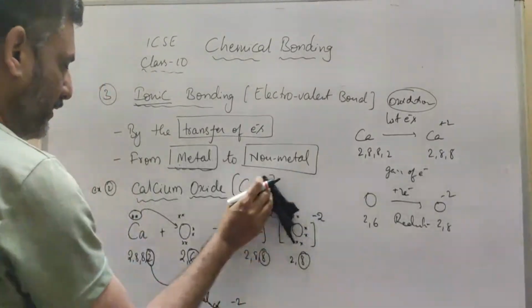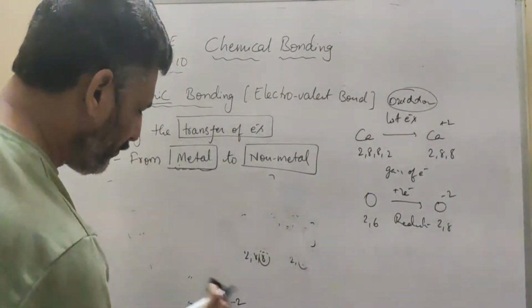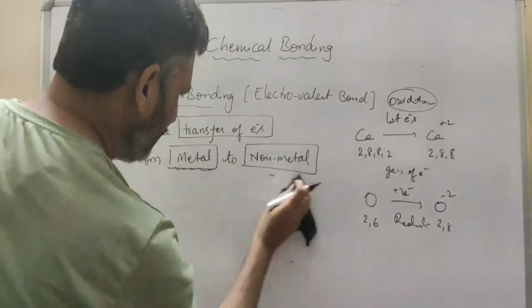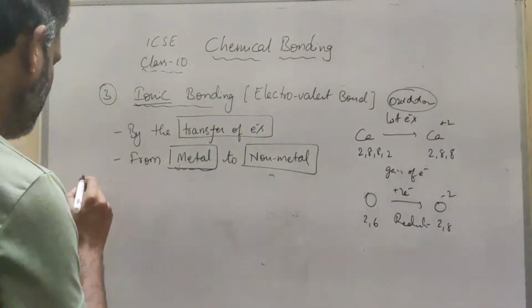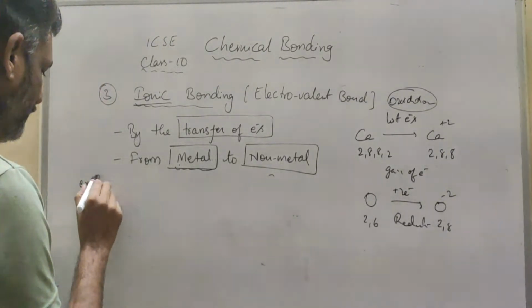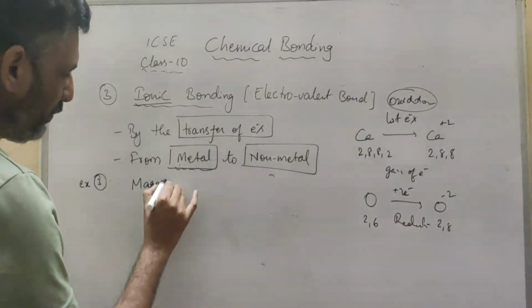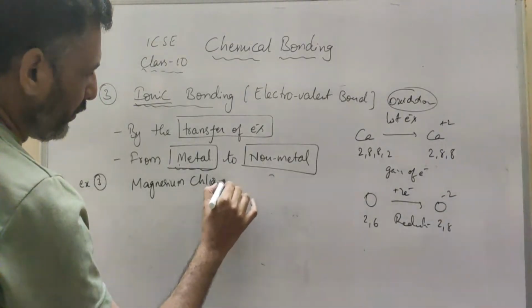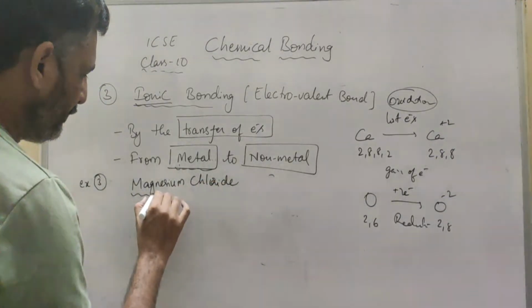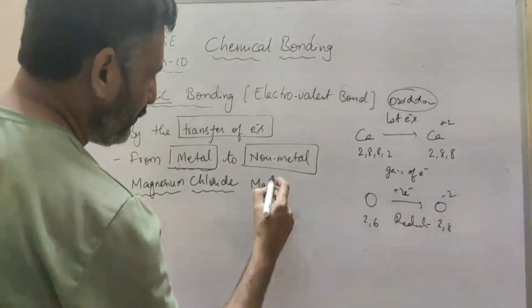And last example, Example 3, formation of magnesium chloride, that is MgCl2.